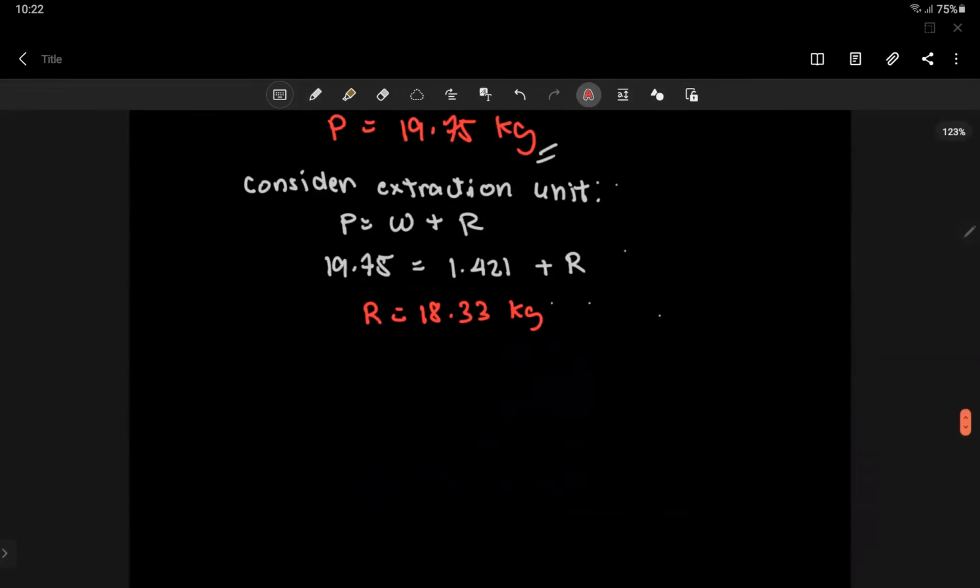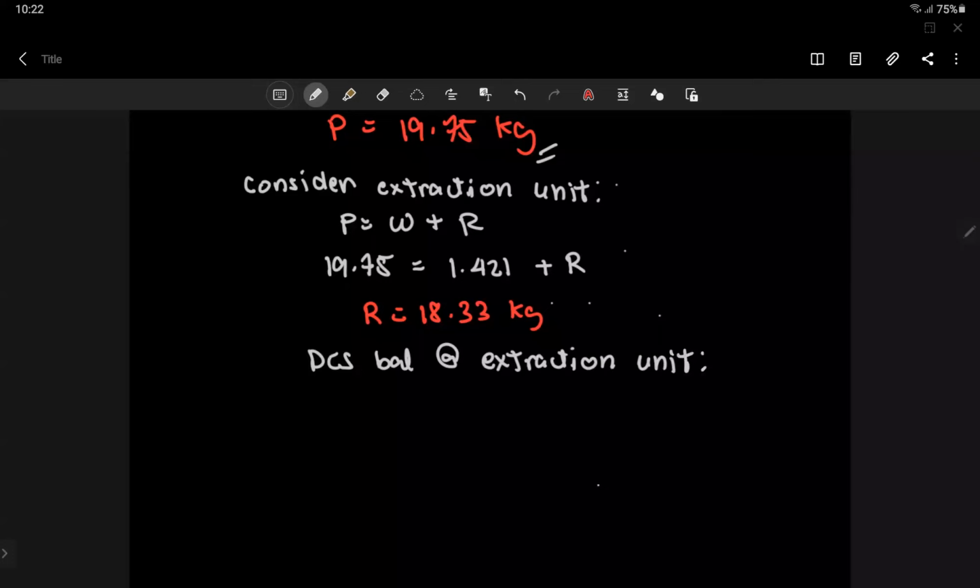Pero hindi naman yung tinatanong. Tinatanong dito yung composition ni R, kung ilang percent si DCS, ilang percent si caffeine. Well, we can probably perform DCS balance again around the extraction unit. Hopefully, maging successful na tong DCS balance na to. Kanina wala tayong napala.